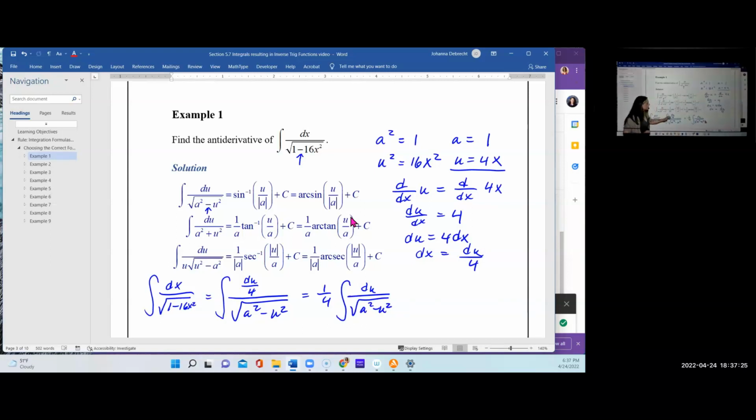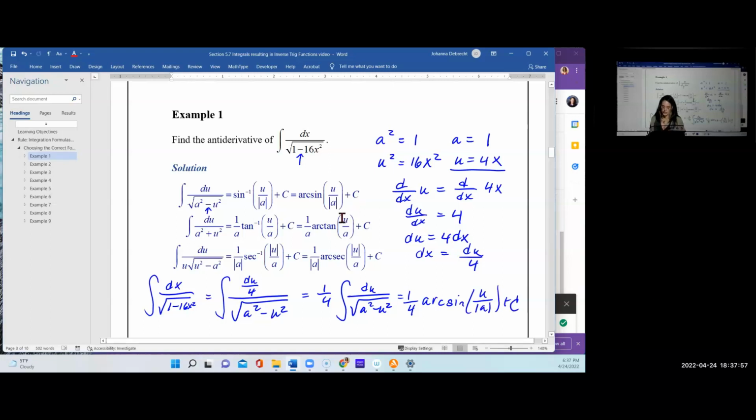With the exception of the constant factor 1/4, it's now identical to the formula we see on the left, which means we can now use the formula part on the right as the antiderivative function. This gives us arcsine of u over the magnitude of a up to the constant of integration. We still have the 1/4 as a factor on this, so that we end up with 1/4 the arcsine of u over magnitude of a plus the constant of integration.